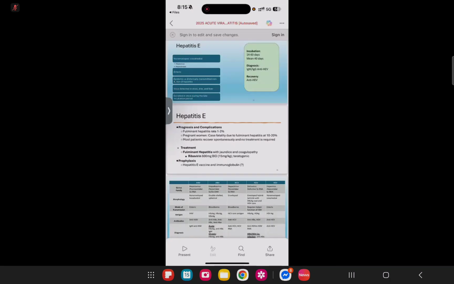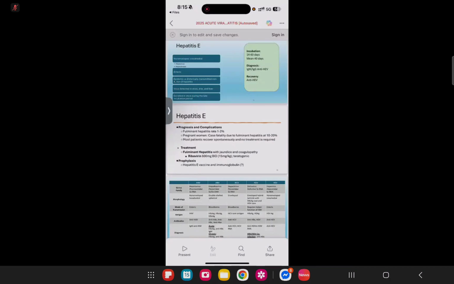Other complications may include cholestatic hepatitis, relapsing hepatitis, or in rare cases, chronic infection in immunocompromised patients such as an organ transplant recipient.